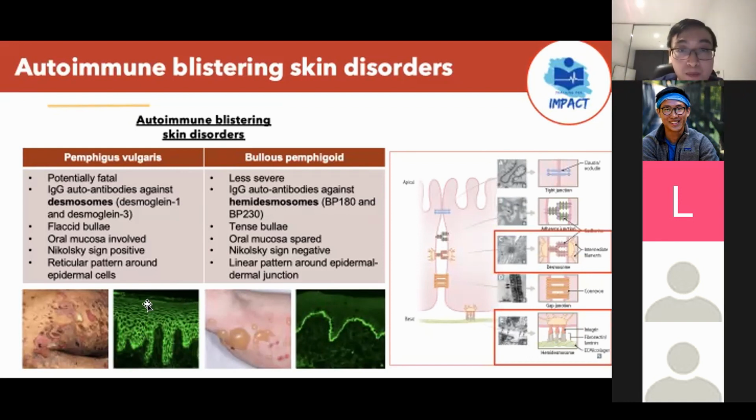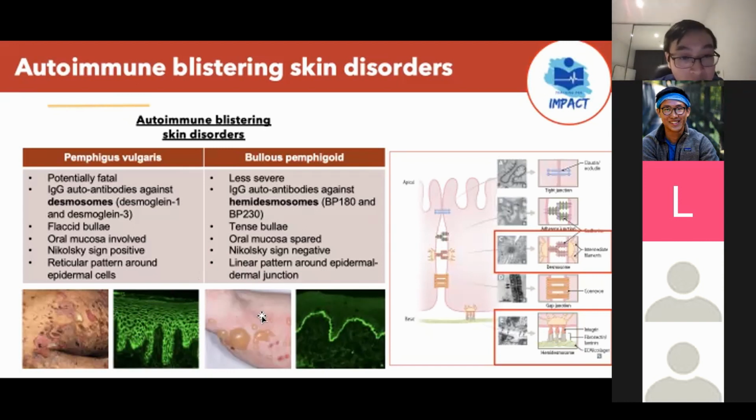And this also makes a lot of sense because the autoantibodies in pemphigus vulgaris are directed at the desmosomes that lie between cells. So in green here are all the autoantibodies that are binding to desmosomes between individual epithelial cells. So this reticular pattern seen on direct immunofluorescence makes sense.